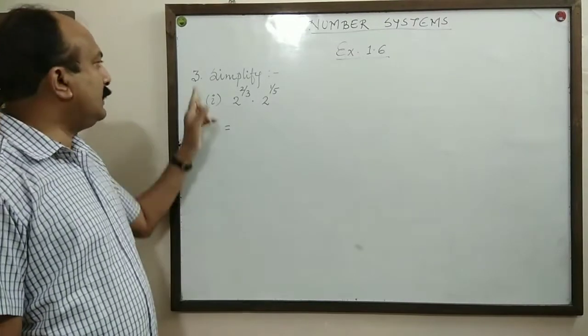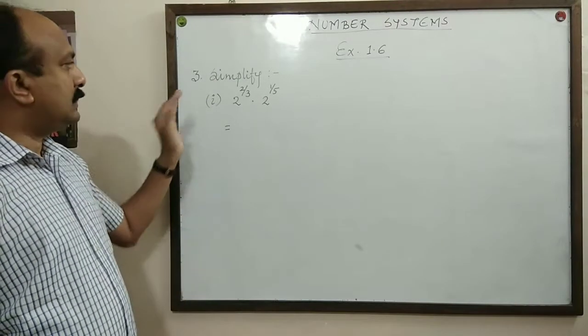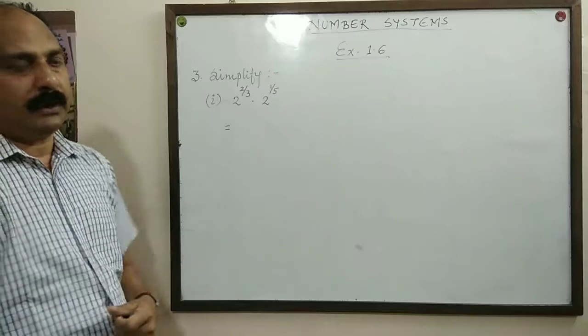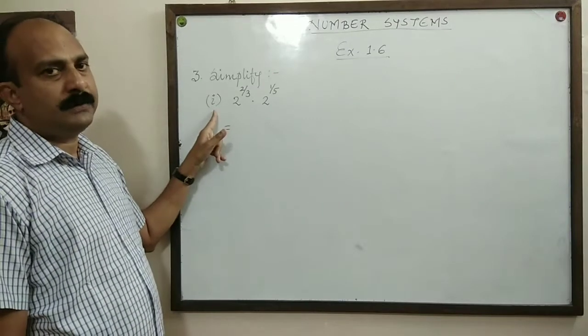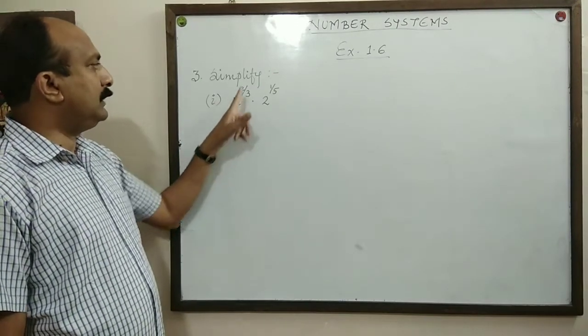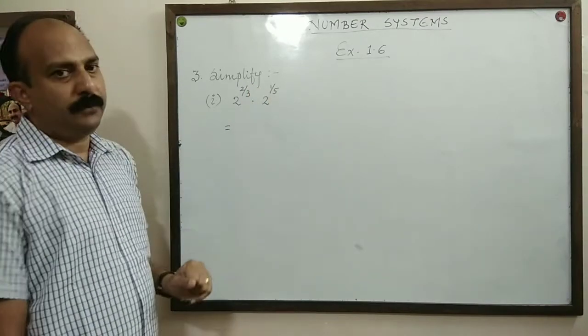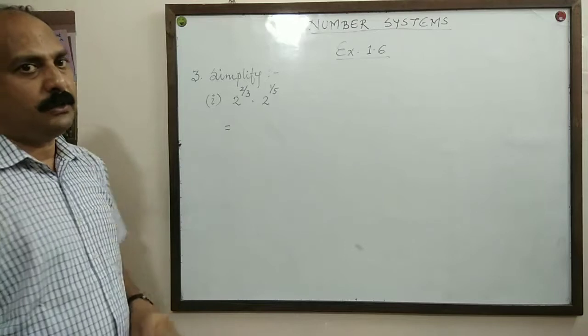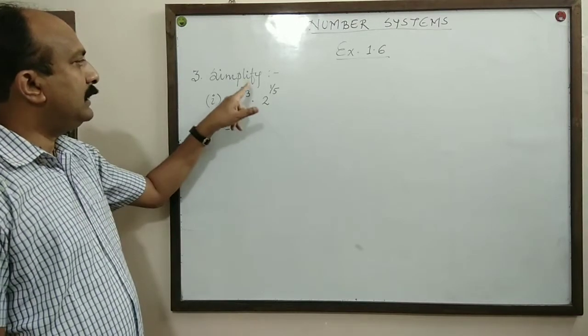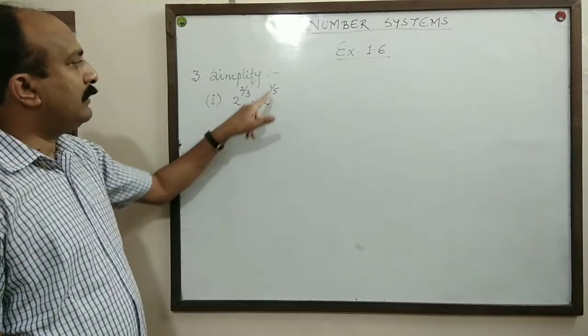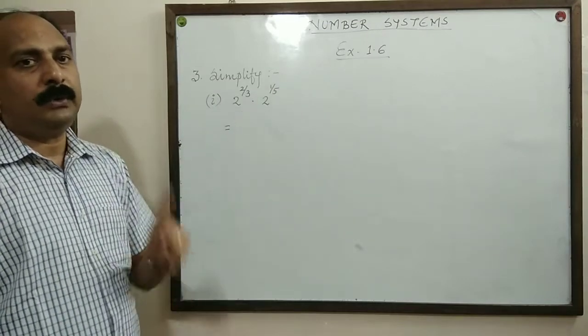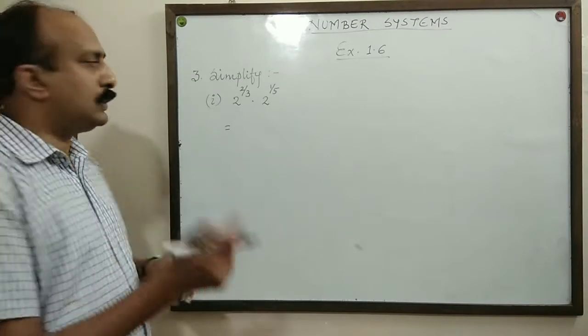Now see question number 3. Simplify the following. Part 1, first one: 2 power 2 upon 3 into 2 power 1 upon 5. First law of exponent: a power p into a power q is equal to a power p plus q.